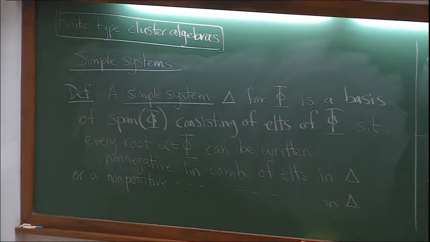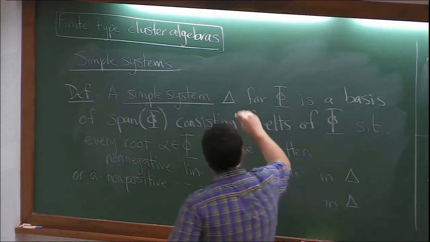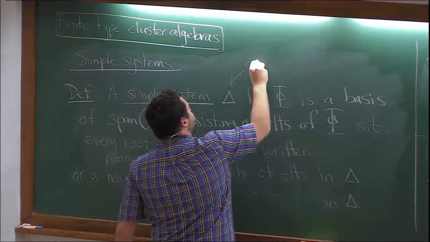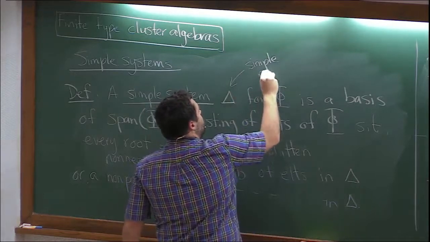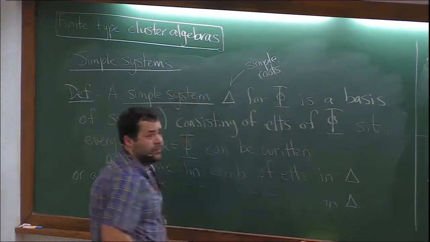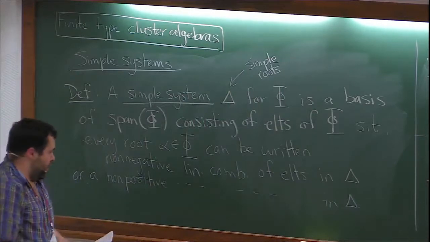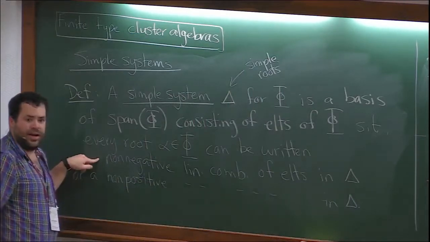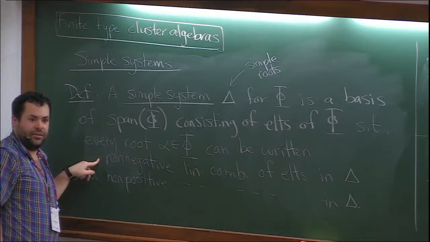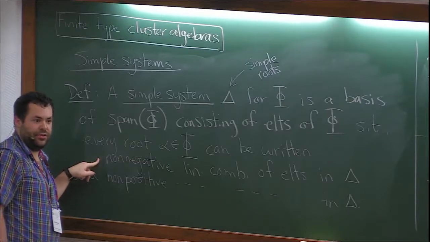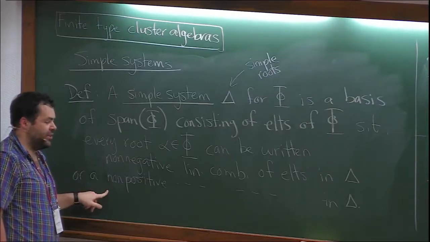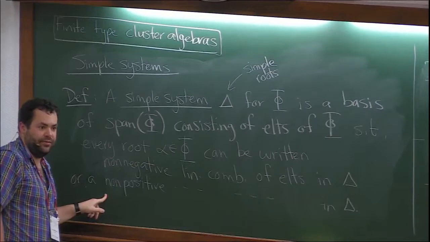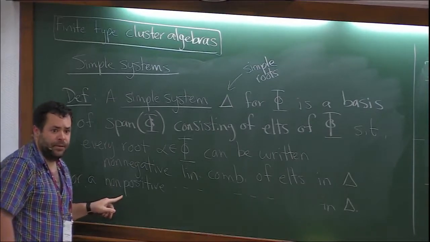So the elements of a simple system are called simple roots. All right? And the ones that can be written as a non-negative linear combination are called positive roots, and the ones that can be written as a non-positive combination are called negative roots. Okay?